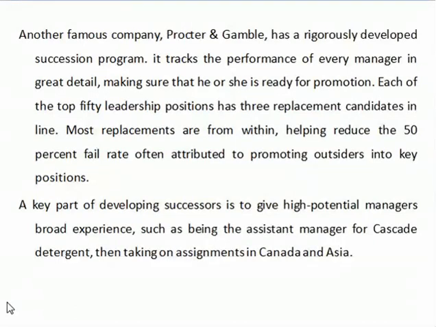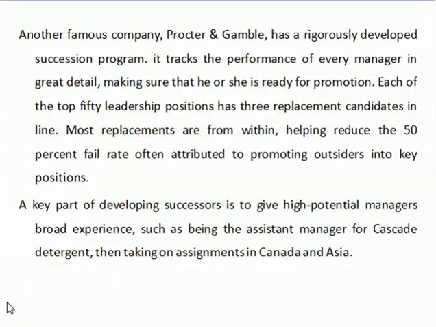Here, each of the top 50 leadership positions has replacement candidates in line. Most replacements are from within. They do this internally, helping reduce the 50% fail rate that often comes with promoting outsiders into key positions.